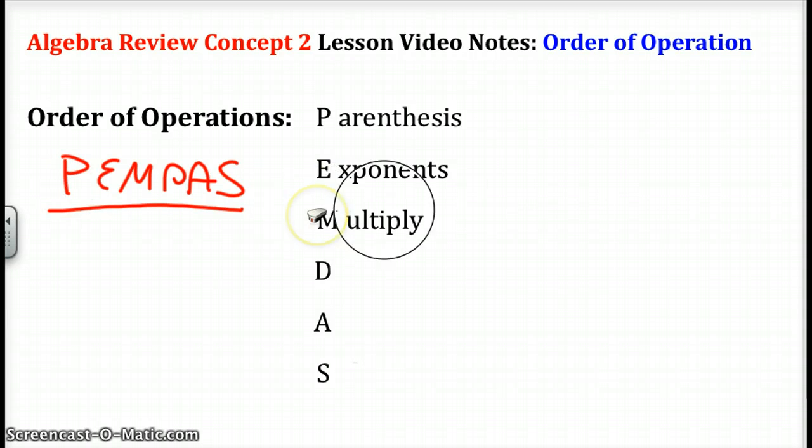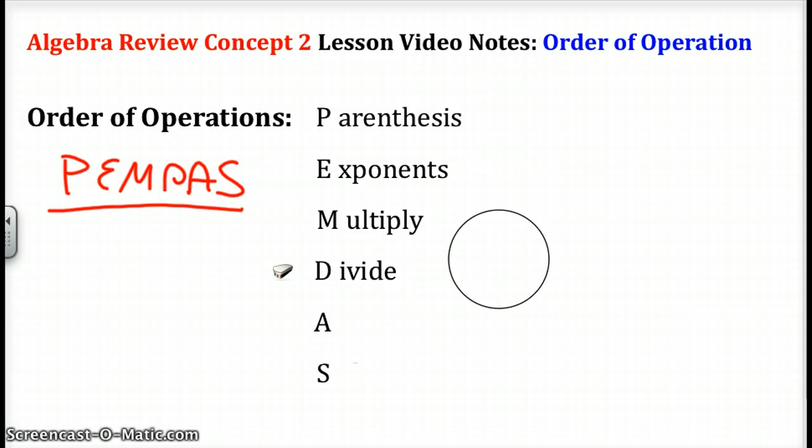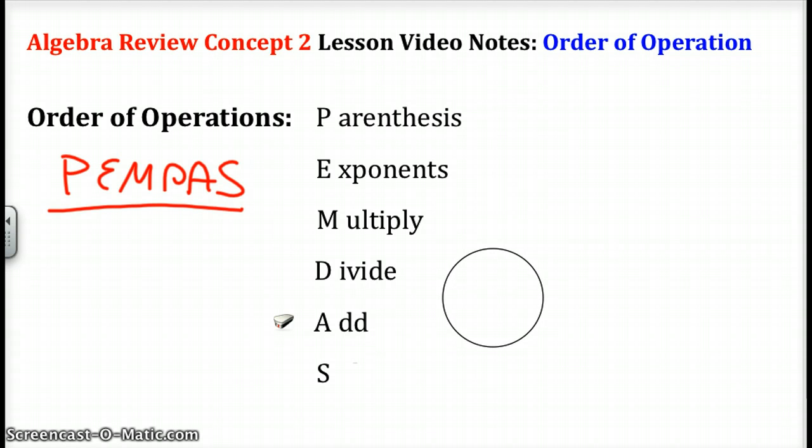M stands for Mary, for multiply. D stands for dear, or divide. A stands for add, please excuse my dear aunt, and S is for subtract, or for Sally. So PEMDAS. Please excuse my dear Aunt Sally. Those are your orders of operation.